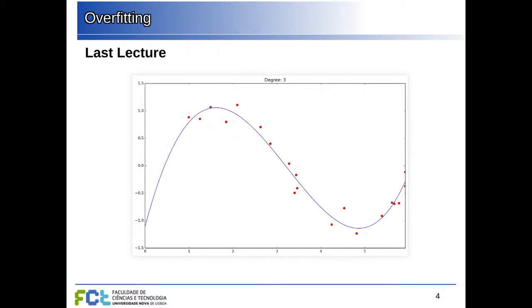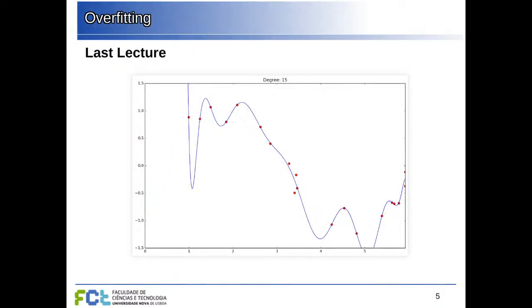But if we increase the power of the model, so if we adjust polynomial curves of higher degree in this example, we can adjust them to the points or even go too far and adjust them so well to this training set that we start getting suspicious results in some places, which will probably fail to predict correctly new examples.